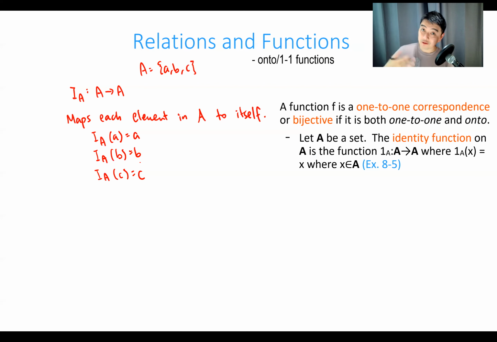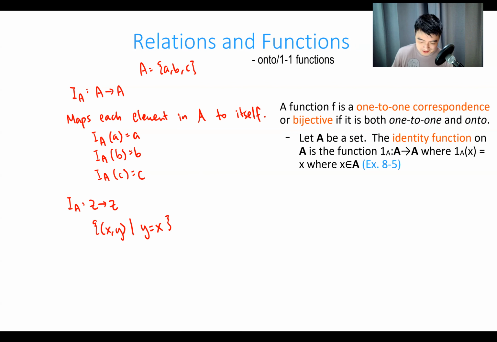So I guess we can go further with this definition and say that the identity function of integers to integers is the relationship that y equals x. Right? So whatever x is, that maps to y. Right? So 1 goes to 1, 2 goes to 2, 3 goes to 3, and so on.